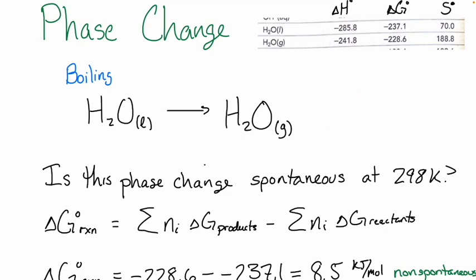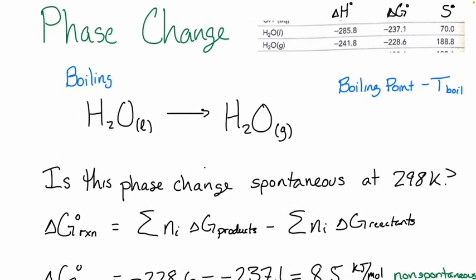The temperature at which water turns from a liquid to a gas, we call the boiling point, or T-boil. All right? So what does it mean to be at T-boil, at the boiling temperature? At that temperature, there is this perfectly balanced equilibrium between the gas and the liquid phase.